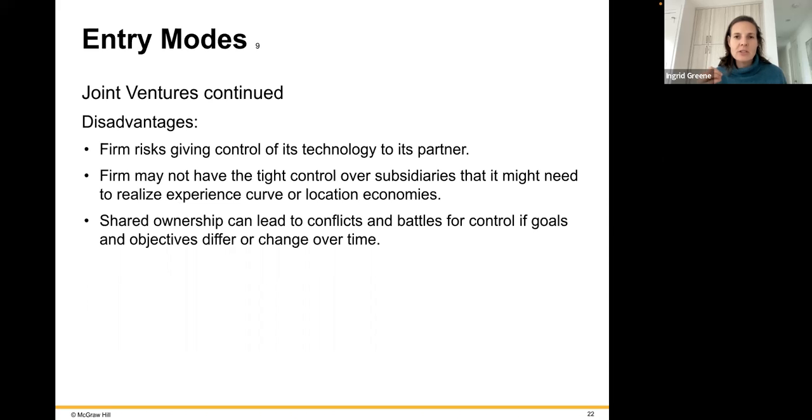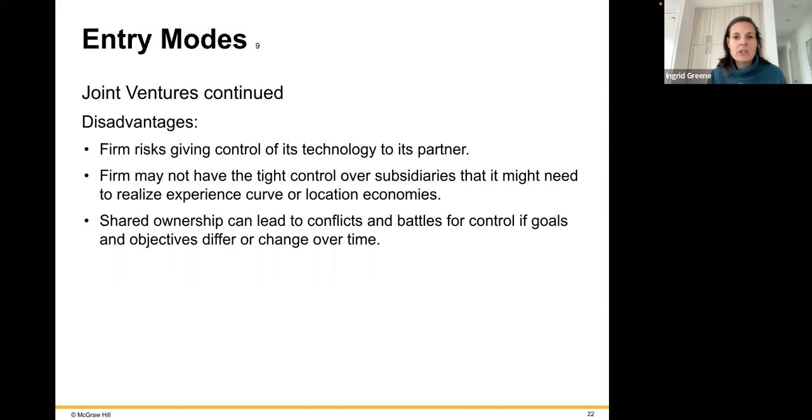So very often, as we see in some companies, they will hide certain proprietary processes or technology so that the joint venture company doesn't have access to those things. We saw that with Boeing and Mitsubishi. They went into Japan, but Boeing didn't want Mitsubishi to have access to all of their technologies. So they walled off a certain handful of technologies.